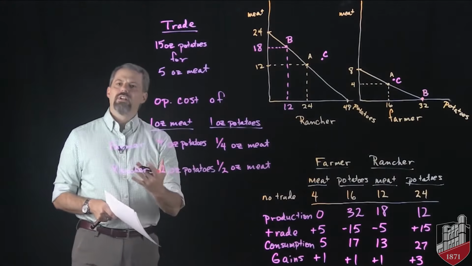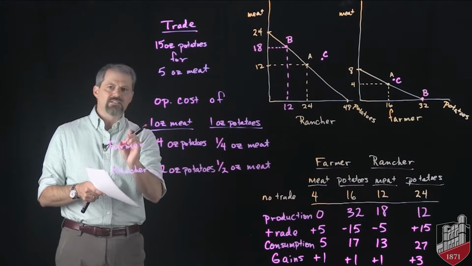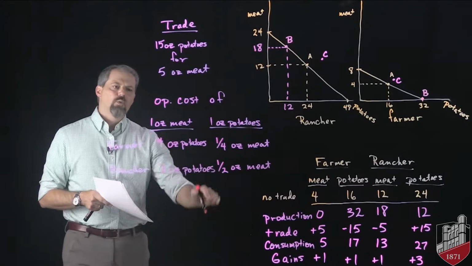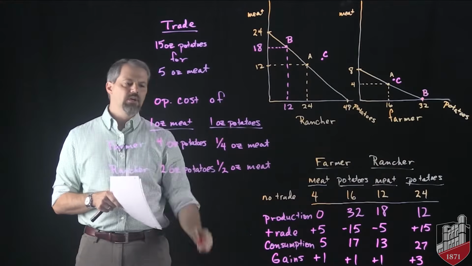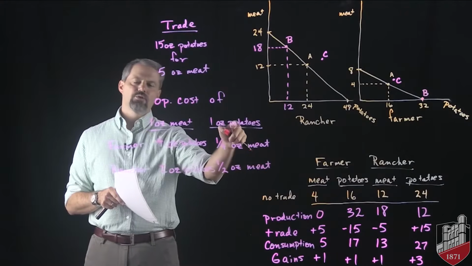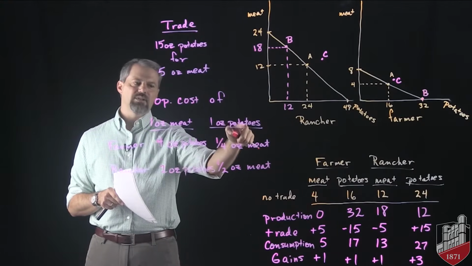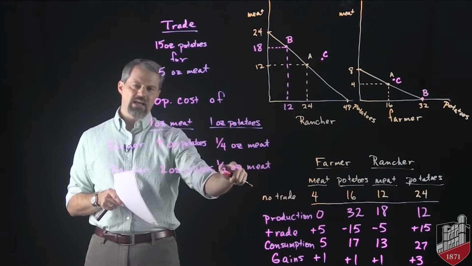So now we know the actual cost in terms of the other good, not in terms of minutes. We can see what producing an ounce of meat costs each of these people. The farmer only has to give up a 1/4 ounce of meat to produce a single ounce of potatoes. The rancher has to give up a full 1/2 ounce of meat.